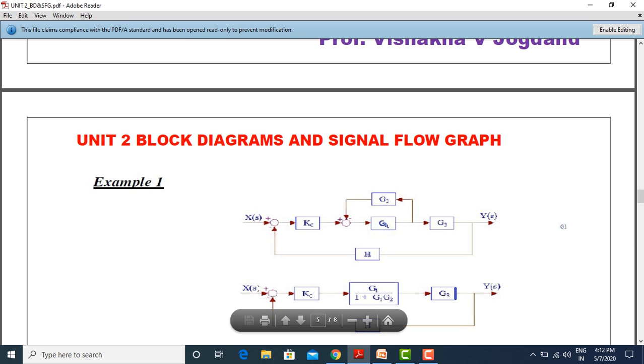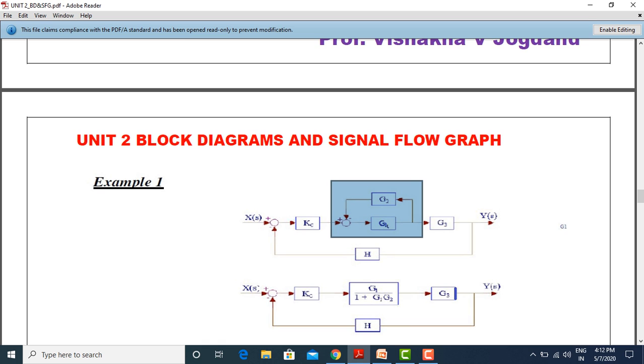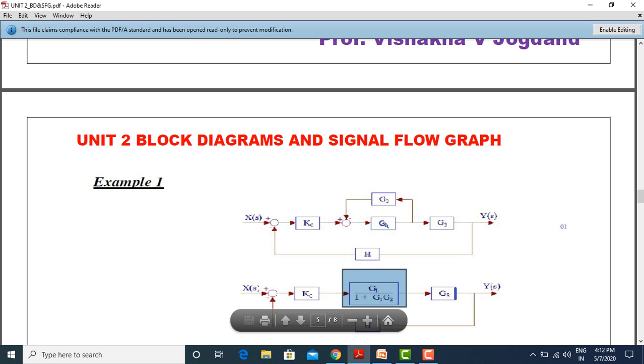So what will happen? System G1 upon 1, here it is minus, means it will be plus, G1 into G2. We have reduced this diagram into this. I hope you have understood. This minor feedback loop we have reduced.